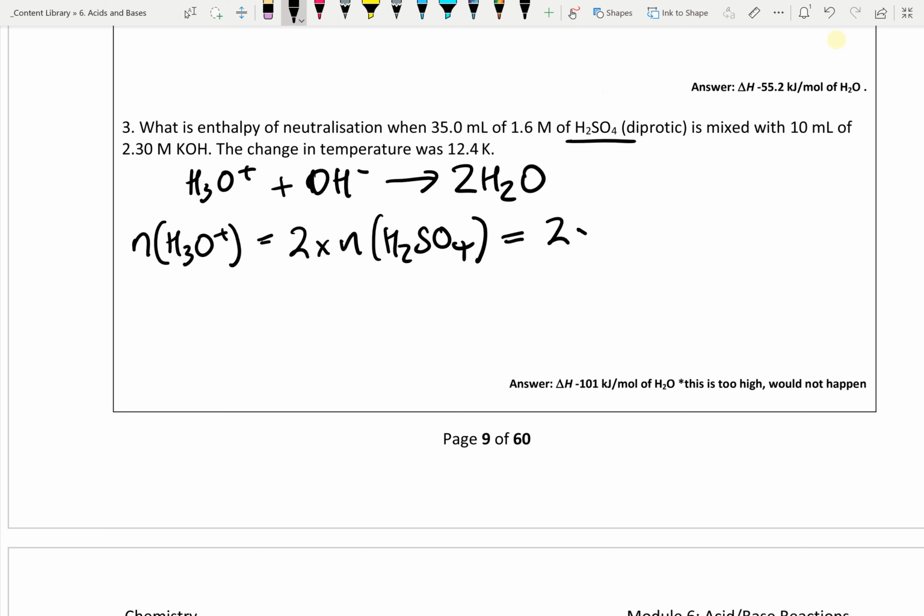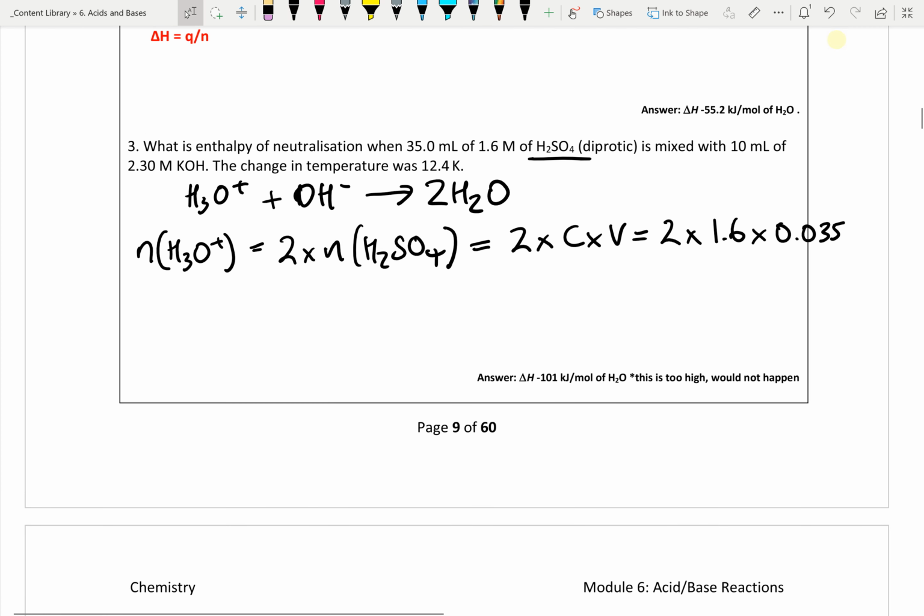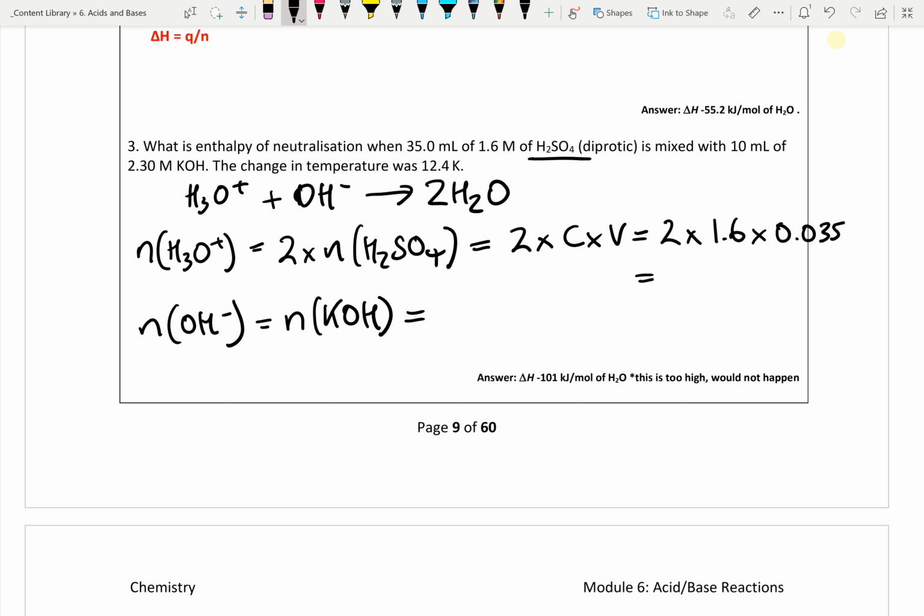And so it's going to go 2 times C times V, which is going to be 2 times the concentration, which is 1.6 moles per liter, times 35 mL, which is 0.035, right? And that will give you a certain number. Moles of hydroxide is going to be equal to the moles of KOH, 1-to-1 relationship, is equal to C times V, is equal to 2.3 times 0.01, okay? And that equals a certain number.